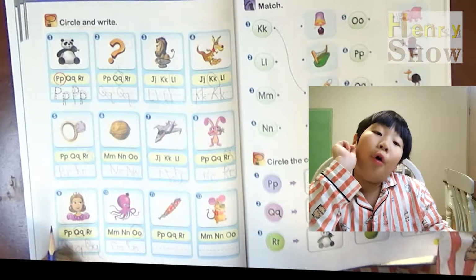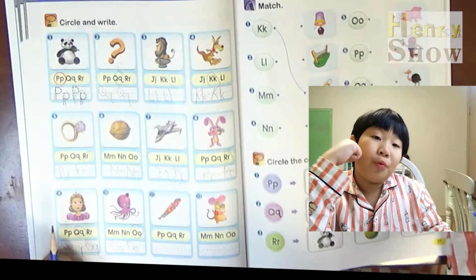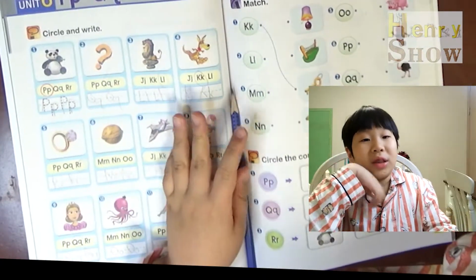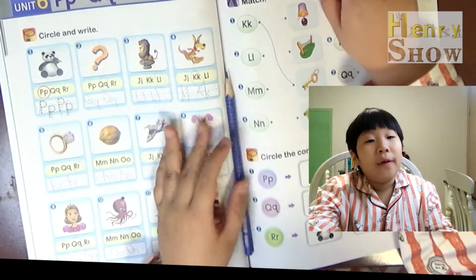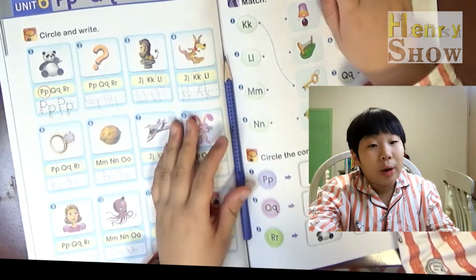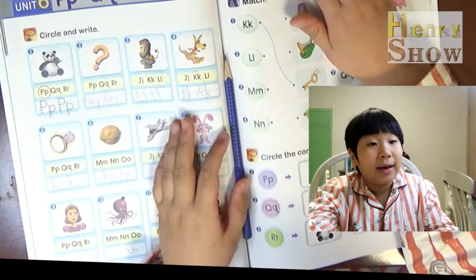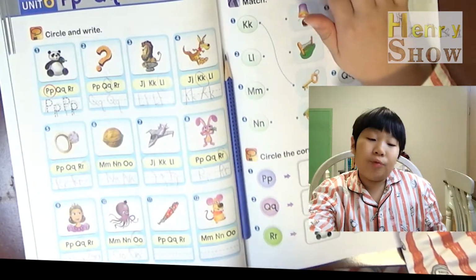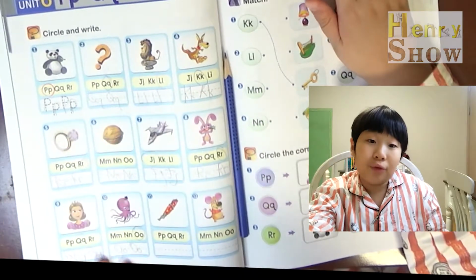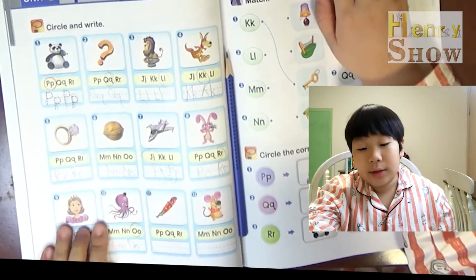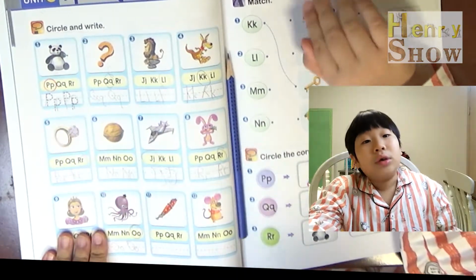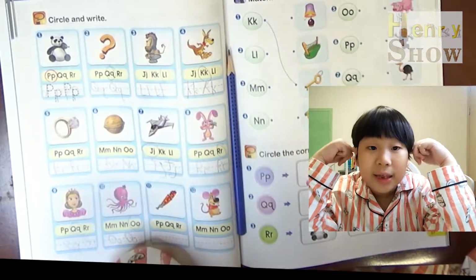So we can think it is O. So we need to know the sounds of the alphabet. So really important. That's why we're reading the story almost to the last at 1 unit. We only have a picture that you can guess. It's still important to think what the picture is.